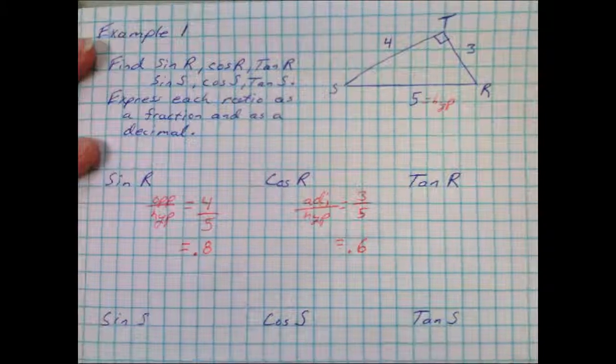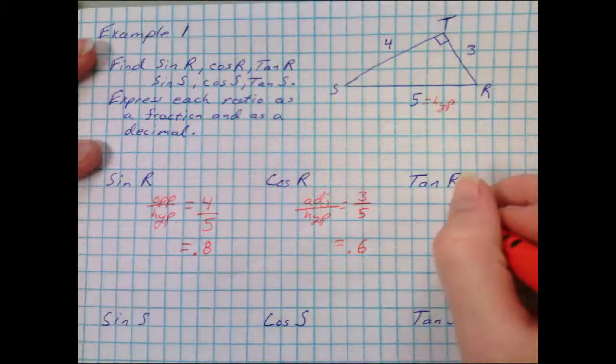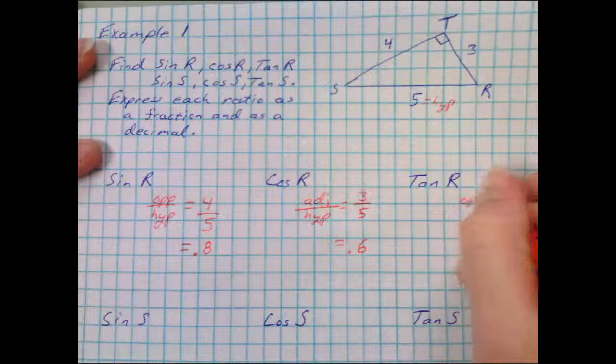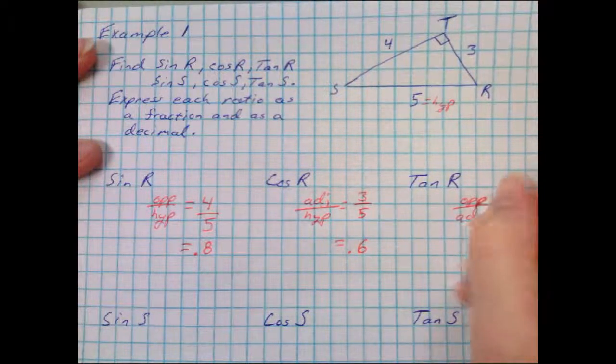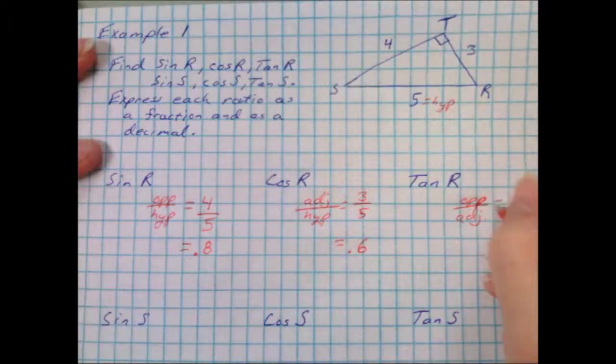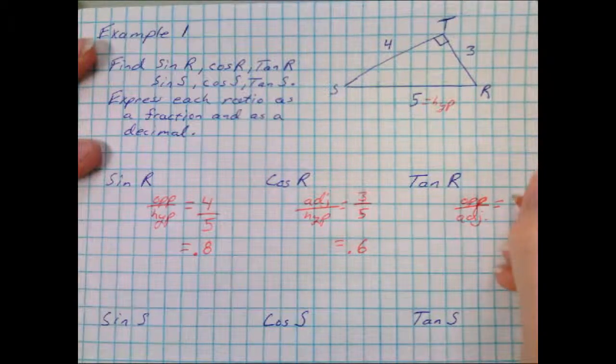Okay, so then the next one that we have is tangent of R. We're going to be looking at R again. Tangent is opposite over adjacent, so I'm just going to write that down here. Opposite divided by adjacent. My opposite side from R was 4.